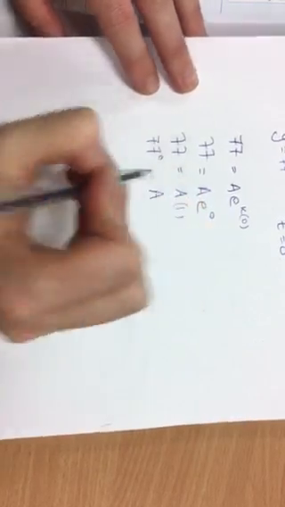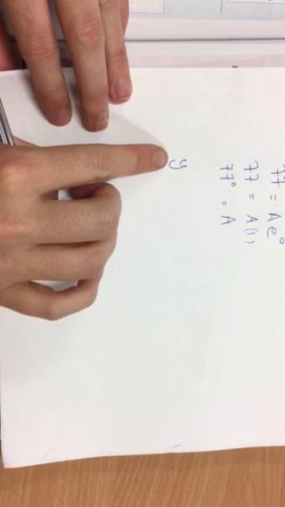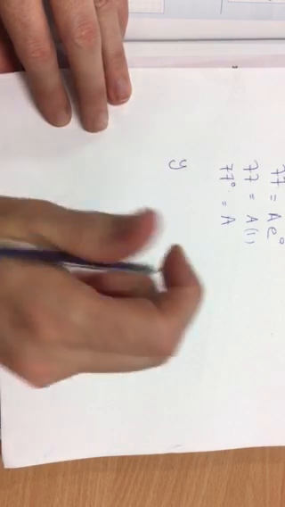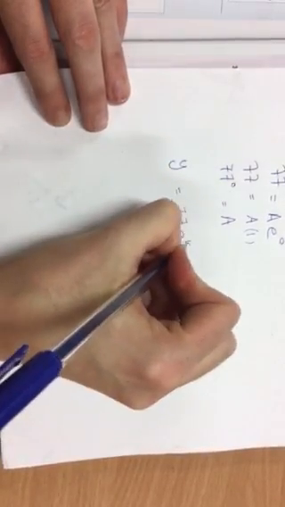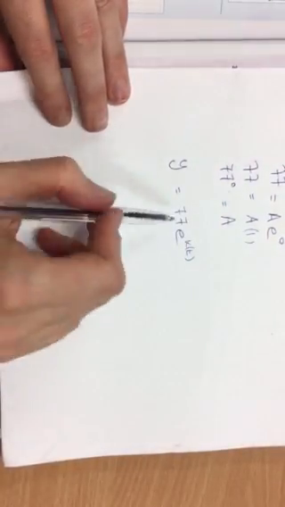A is 77 degrees. So I'm going to rewrite my formula now: the difference between the water temperature and the room temperature is equal to 77 times E to the power of K times T.